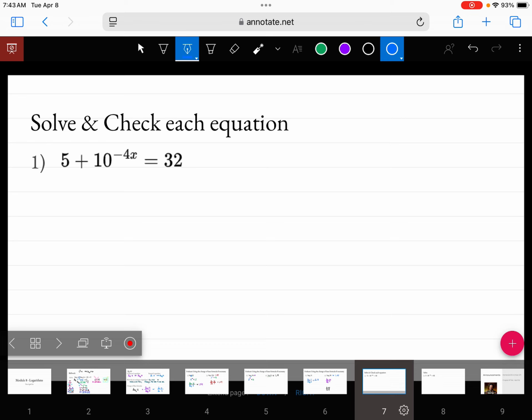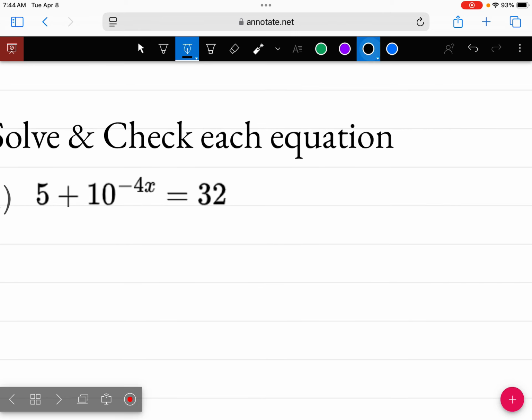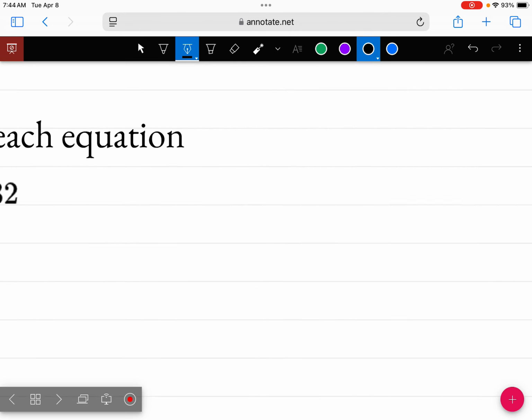So the tricky point on this guy is that our variable is up here in the exponent. We have an x in the exponent. So what we're going to need to do to be able to solve things that have variables in the exponent is we need to get that power out of a power and down into like the regular line of numbers.